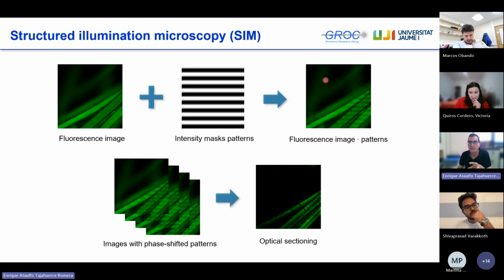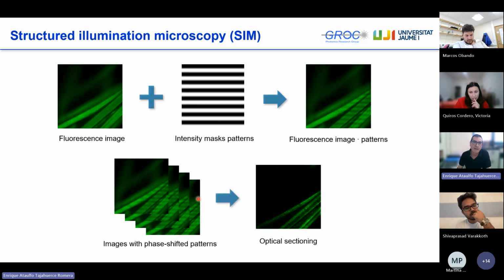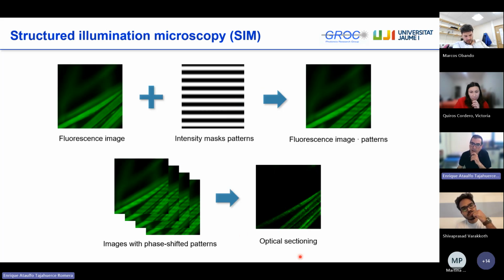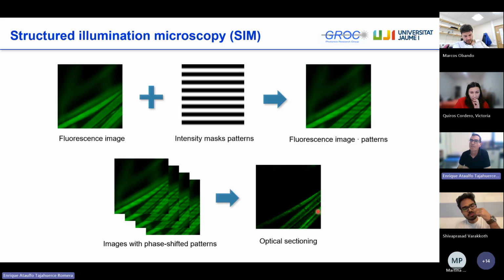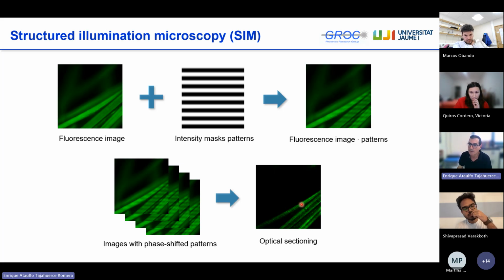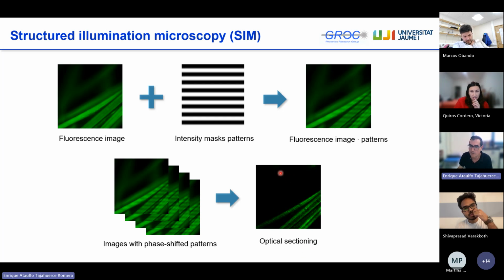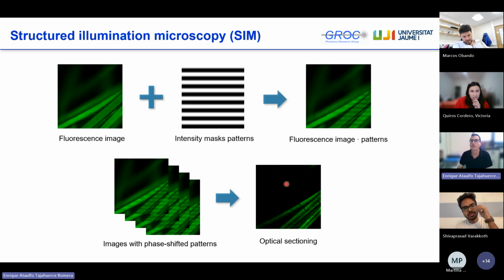So by using several masks and applying a very simple algorithm, by taking several images with phase shifting, we are able to recover images that contain only the well-focused areas. We call this optical sectioning. You see, we remove the out-of-focus information.